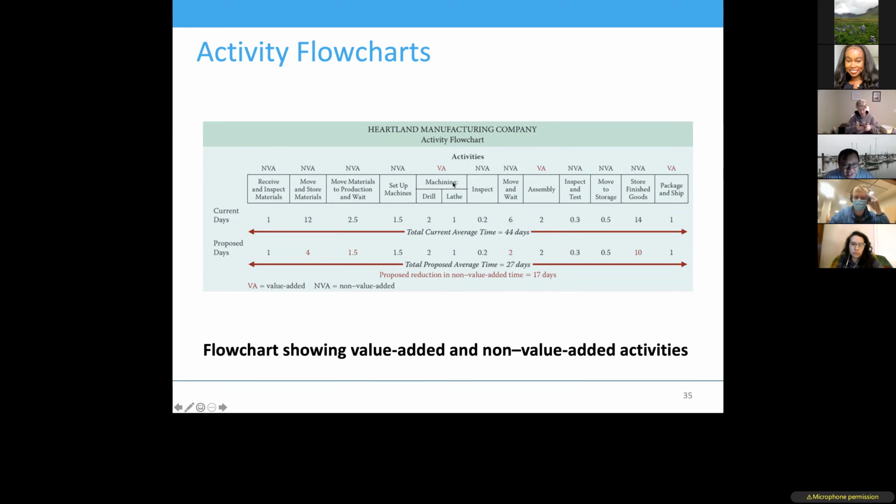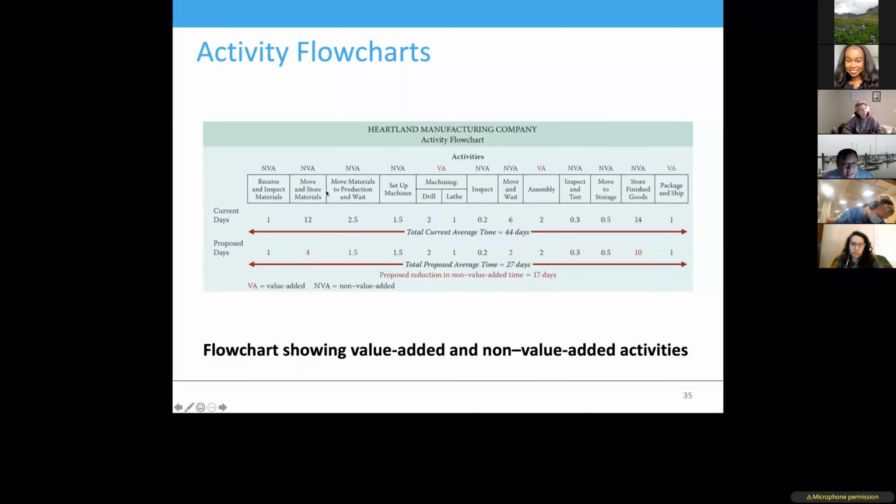Okay, machining, assembly, and package and ship. All these other activities are non-value added. So the whole point here is they are going to try to reduce the amount of time they spend on these non-value added activities.